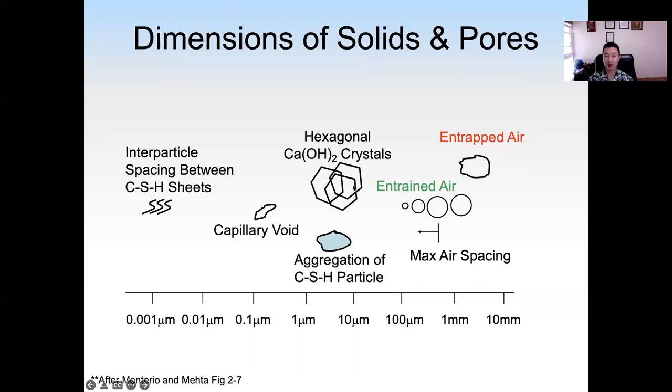Calcium hydroxide is tens of micrometers. Entrained air is hundreds of micrometers, up to entrapped air, which is at the millimeter level. So the range of size for different phases is very big.